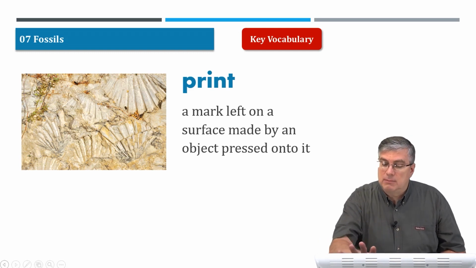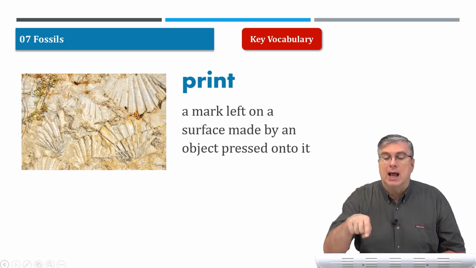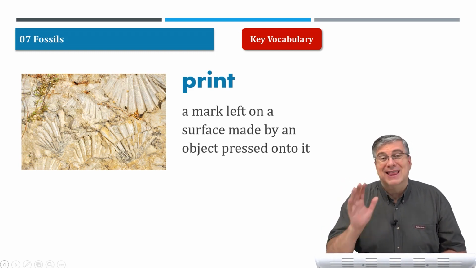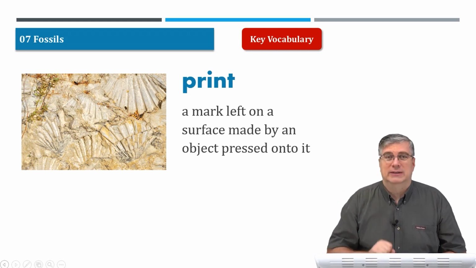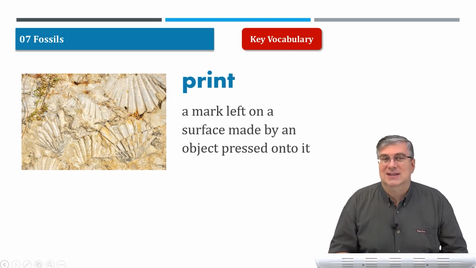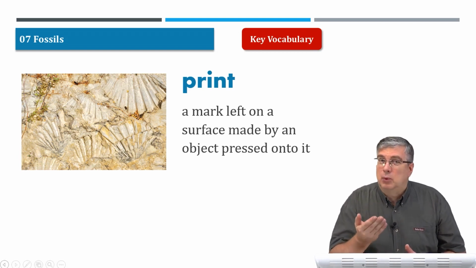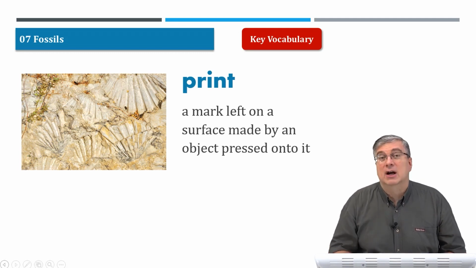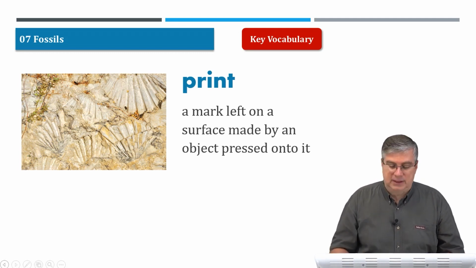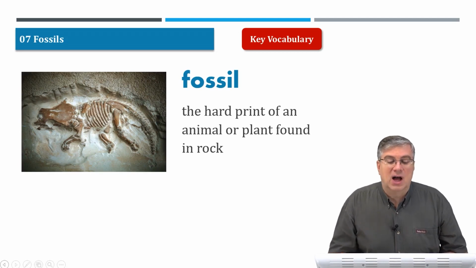So if I push the mud and let go, I make a mark in the mud. And that is a print. That's a hand print, right? But of course, many things that die in soft soil like mud or clay will leave a print. It will leave an outline of the shape.